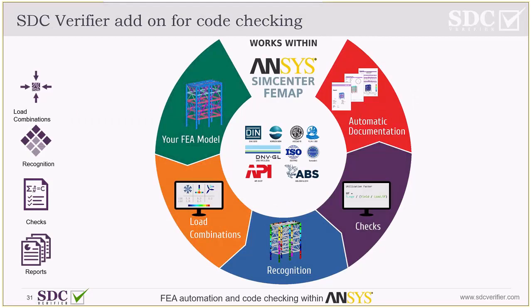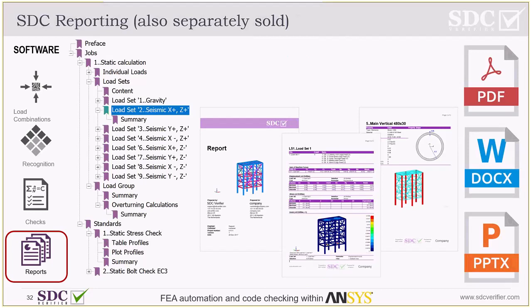So this was extremely brief on checks. And then the automatic reporting, which I hope we'll also have time to show you today. It is template based. It is possible to generate the report and export it into PDF, Word, or PowerPoint presentation. And it is completely automatic and helps you to present how your model is built, what the loads are, what the properties, materials, constraints, weights, and so on are.